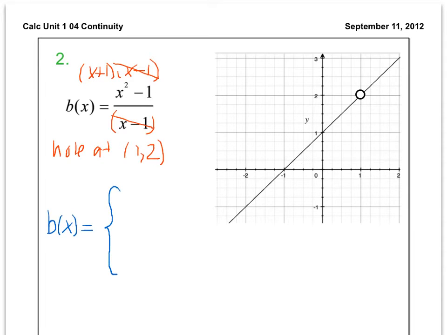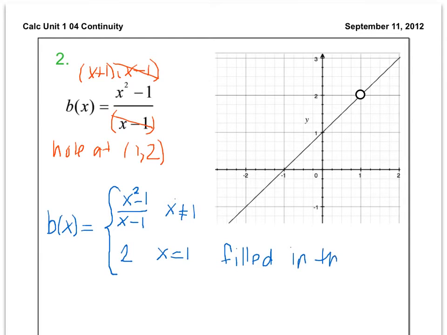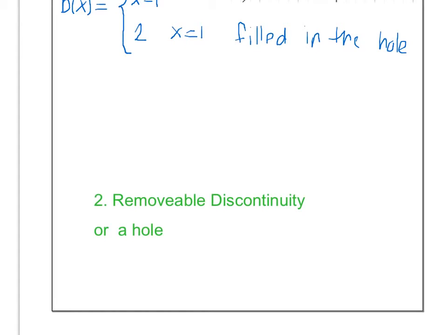A hole is considered a removable discontinuity because I could simply redefine the function as this: x squared minus 1 over x minus 1 for x not equal to 1, and b of x equals 2 when x equals 1. I've essentially filled in the hole. So a removable discontinuity, or a hole, can be removed by redefining your function as a piecewise function.